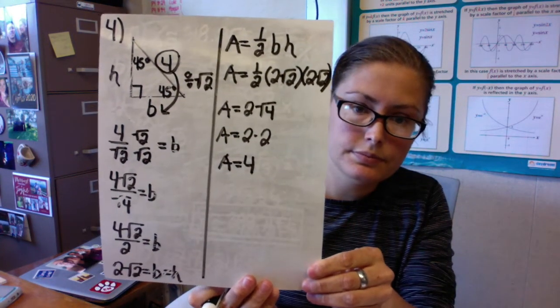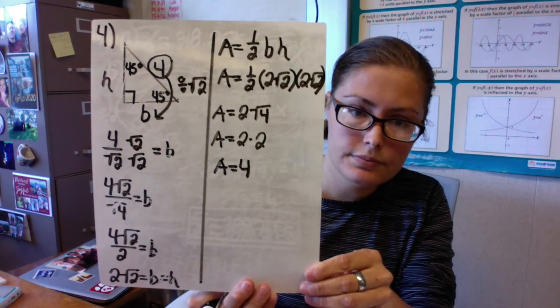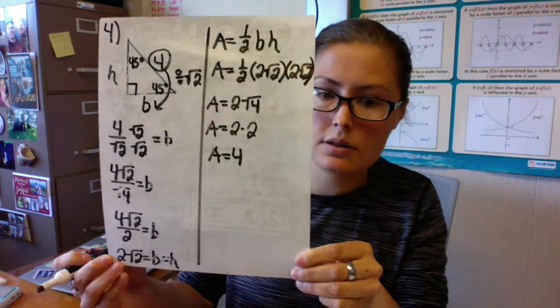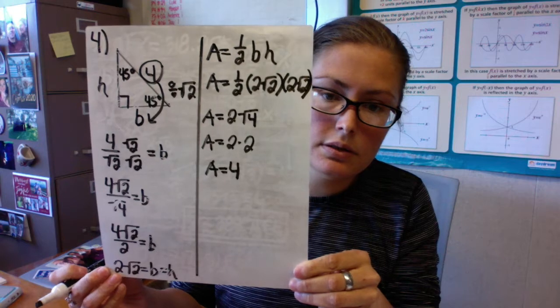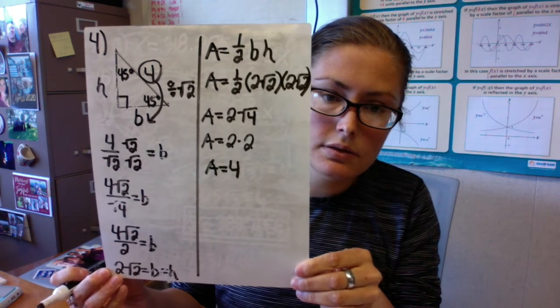So our area is 4. Okay. So for the 45, 45, 90, our area is equal to 4.